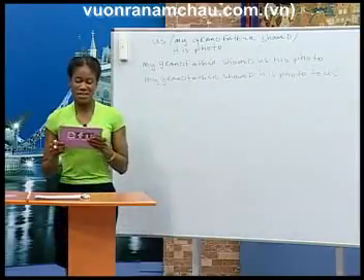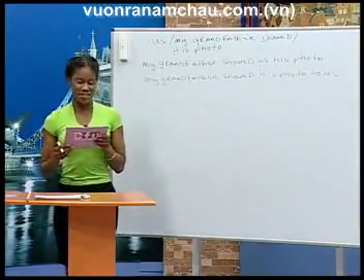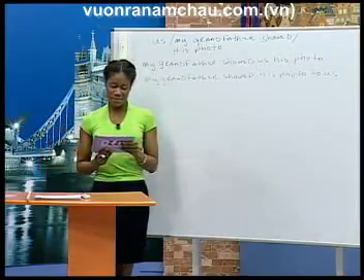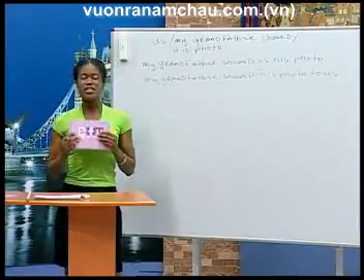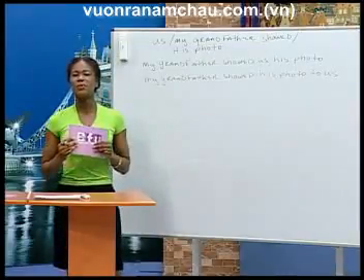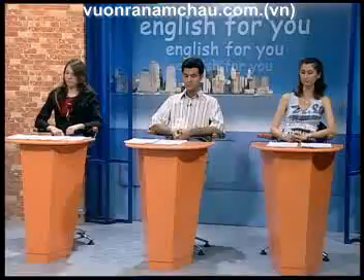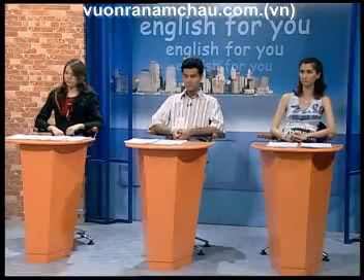Let's practice looking for direct objects and indirect objects. I will give you some sentences. I want you to tell me which is the direct object and which is the indirect object. Okay, more examples.